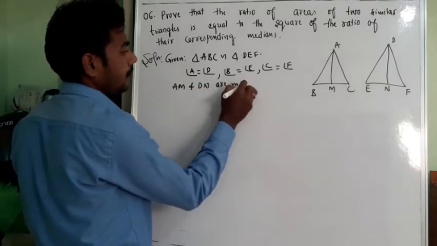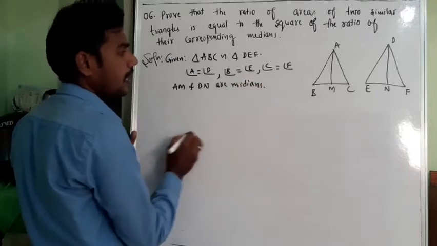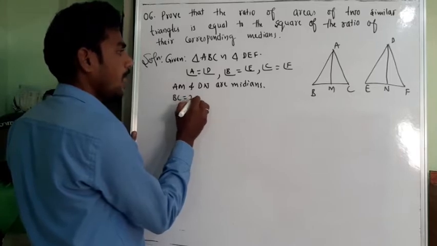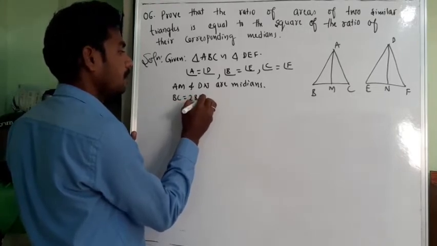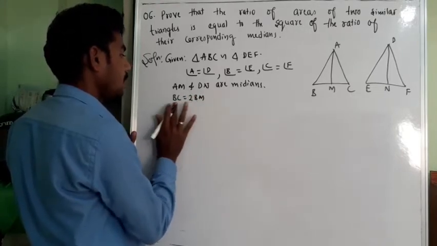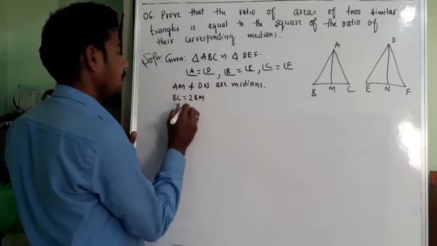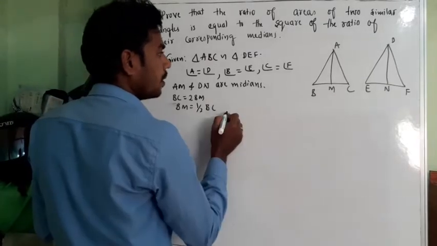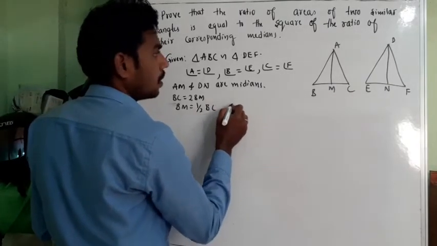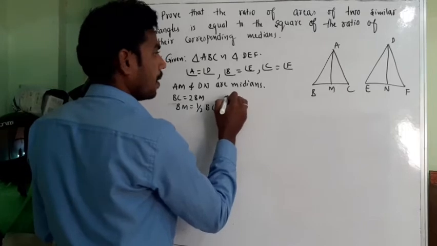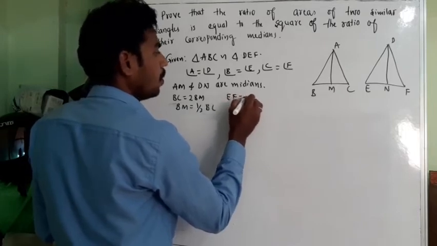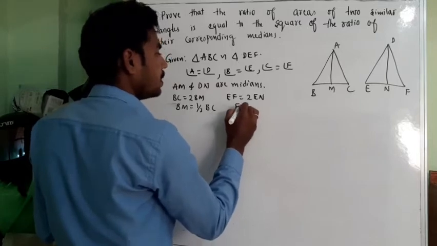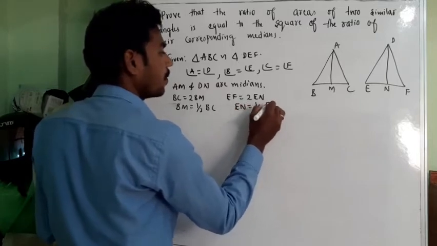It is given medians, so what can I write? BC is equal to 2 times BM, or BM is equal to half of BC. Here, EF is equal to 2 times EN, or else I can write EN is equal to half of EF.